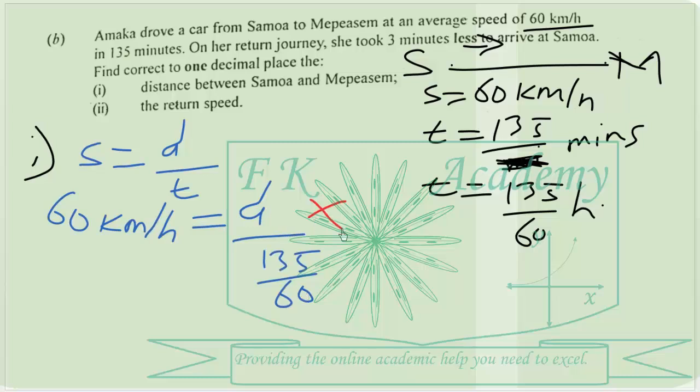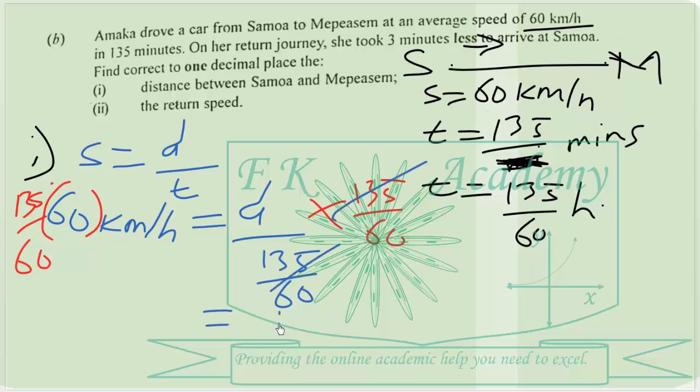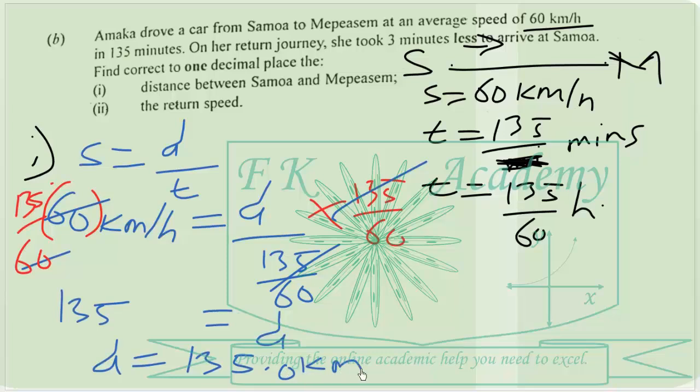So I can multiply both by 135 over 60. So this will get rid of this. I'm left with D here, and 60 will cancel 60. We are left with 135. So the distance covered will be 135.0 kilometers to one decimal place.